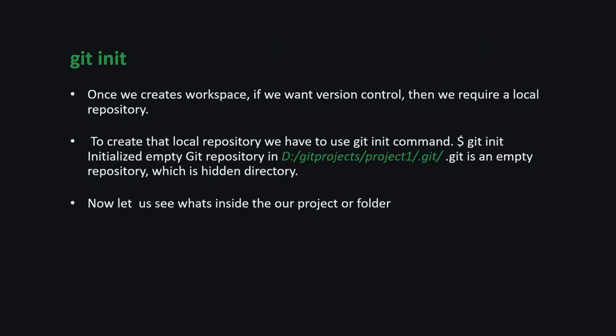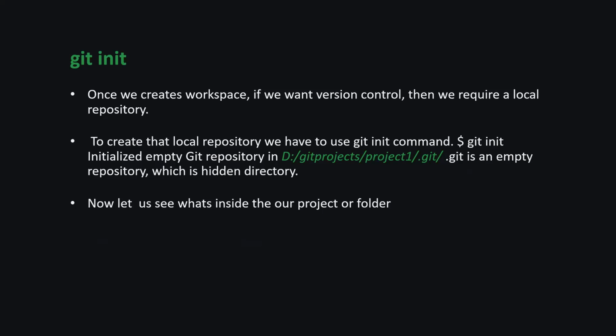Git init. Once we create a workspace, if we want version control, then we require a local repository. To create that local repository, we use the git init command. Git init initializes an empty Git repository.